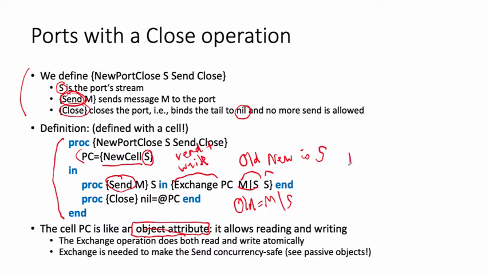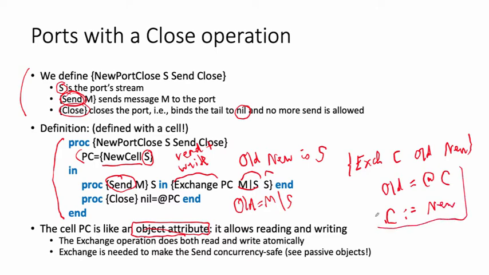So exchange old new is like this. It's like old is equal to the value of C, like an attribute, and the C will get the new. But this is done together.